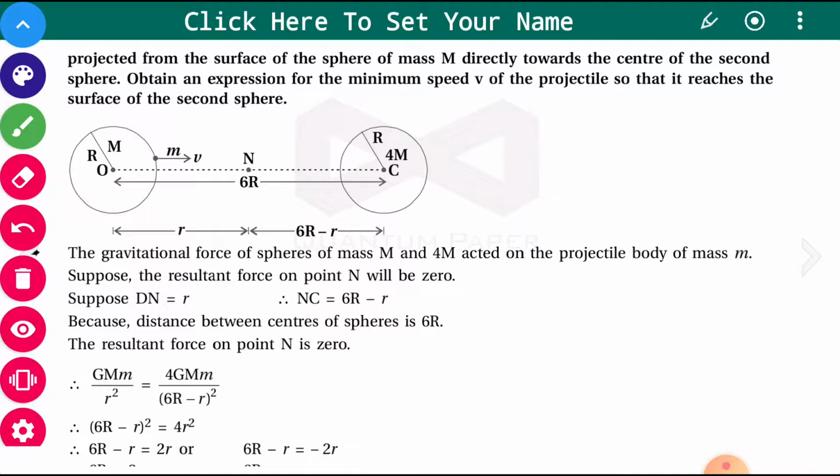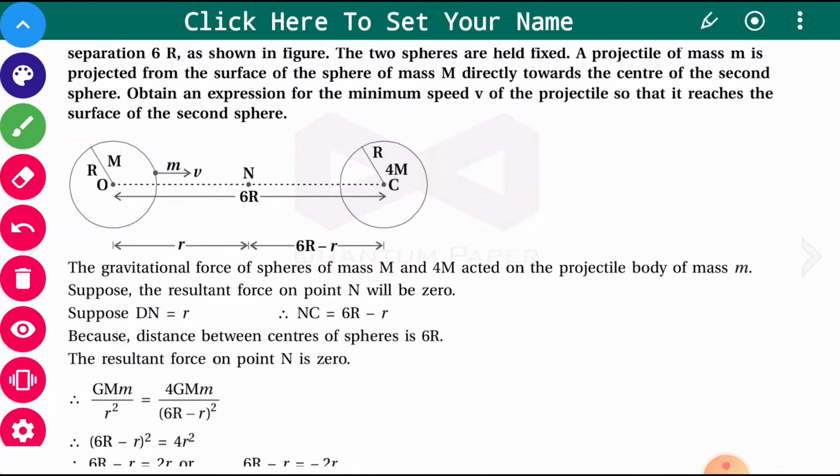Now here you can see that the radius is, we can say, capital R. Here the distance of these two spheres from center to center is 6 times r. The gravitational force of the sphere of mass m and 4m will act on the projectile, whose mass is small m.